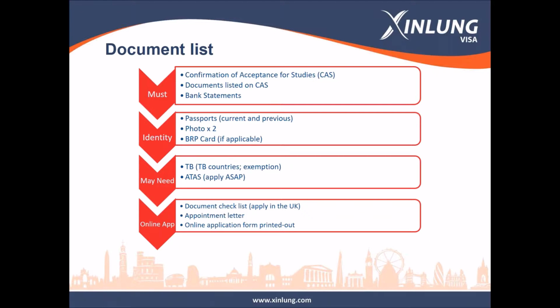Together with the online application documents plus the documents we talked through, we will put together our application package. If we're applying from outside of the UK, we'll go to the Visa Application Center with all these documents. Okay, let's examine these elements one by one.